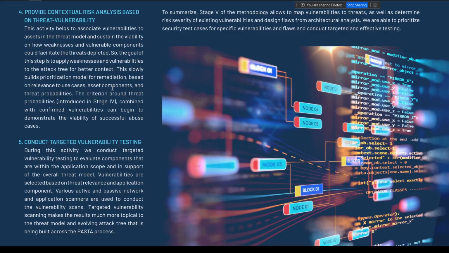Next is aligning weakness to the assets, which is called provide contextual risk analysis based on threat vulnerability. Here we will assign whatever weakness or vulnerability that we found to the assets that are present in the attack tree. So SQL injection vulnerability can only exist in the application, and SSTI is also a vulnerability that can be present in the application.